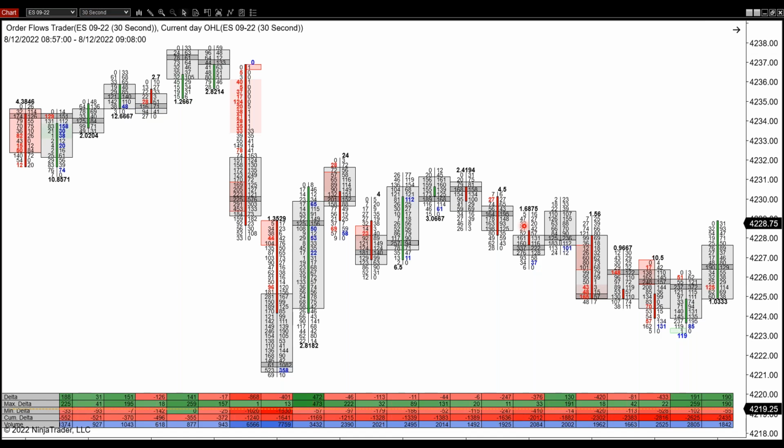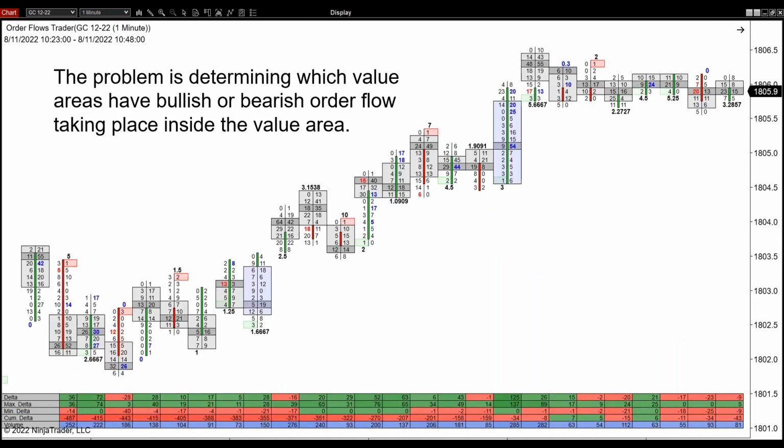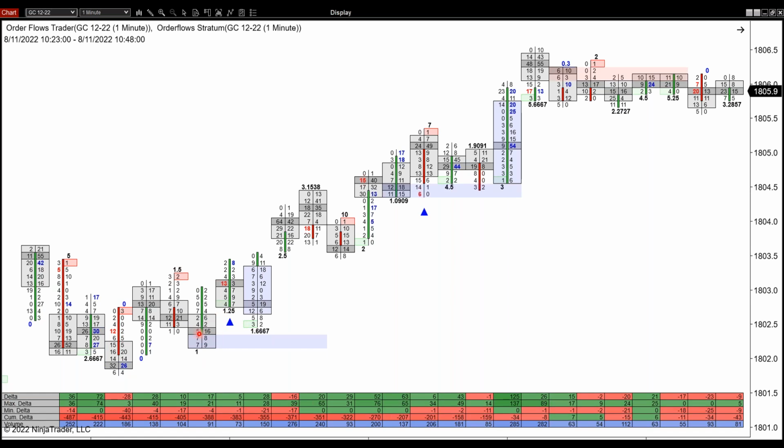It's just giving traders a whole new perspective. But the problem for other traders is trying to determine which value areas have bullish order flow or bearish order flow taking place. And again, that's where the stratum comes in. It's going to analyze how the volume inside value areas is being distributed to tell you right here that this is bullish, that this is bullish.